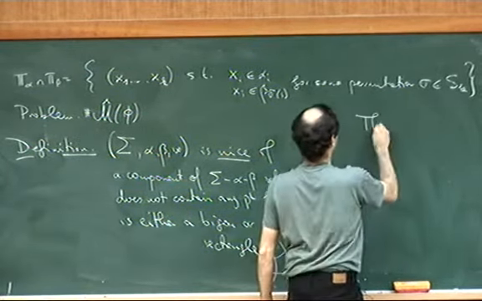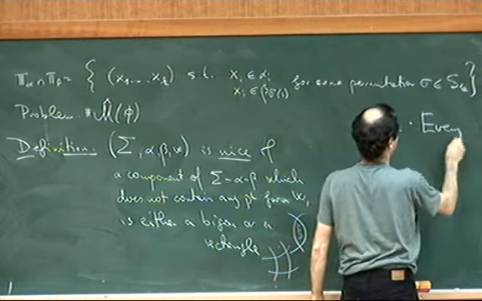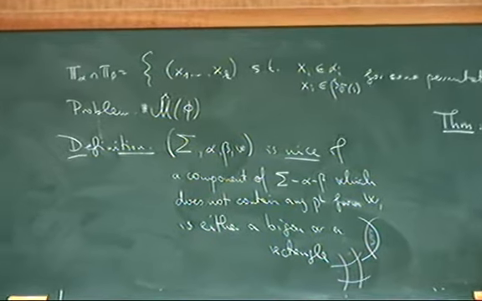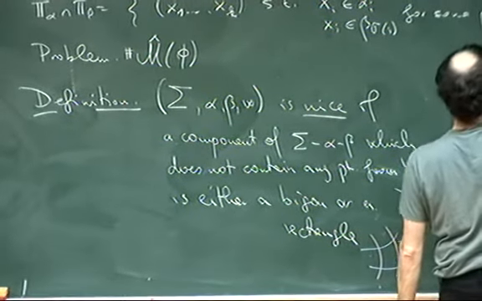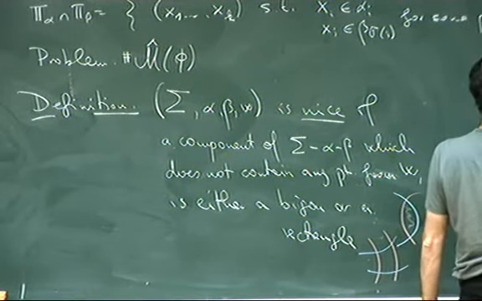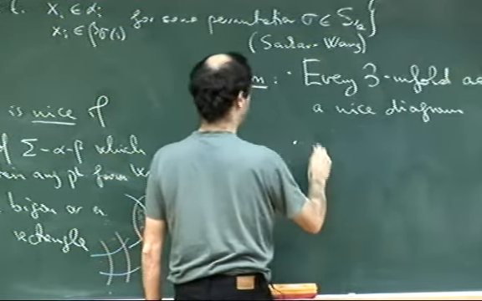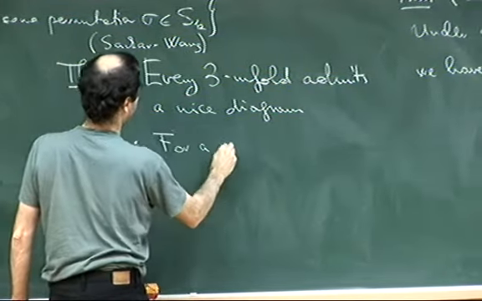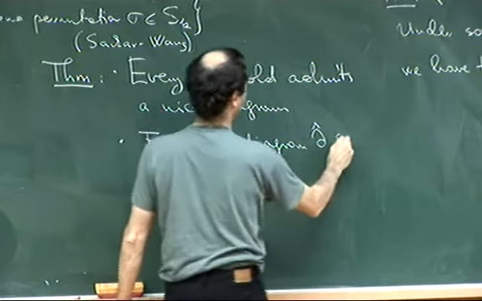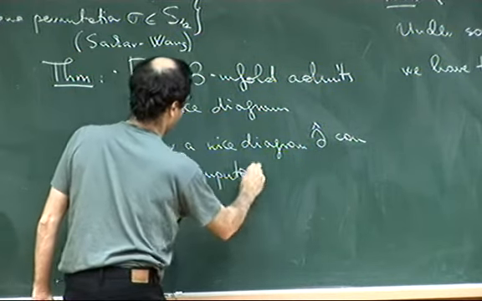Nevertheless, their theorem is that every three-manifold admits a nice diagram, this is a theorem of Sarkar and Wang, and for a nice diagram, the boundary operator of CF hat can be computed combinatorially.